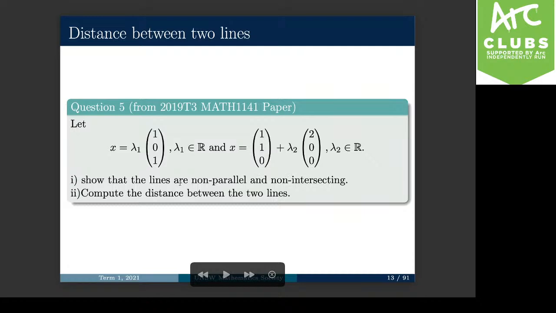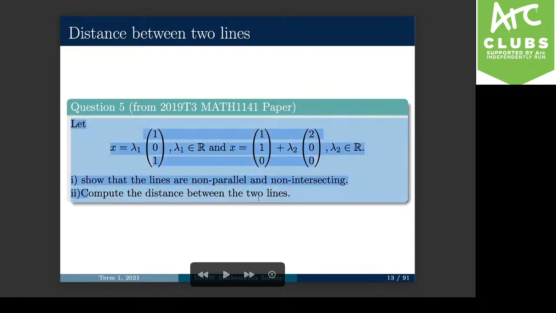So for the parallel part, we're looking at the direction vectors to see if they are parallel or not, and then for intersecting, we can actually just equate the x1, x2, and x3 components and see if there's a solution. If there's no solution, then obviously it's non-intersecting.